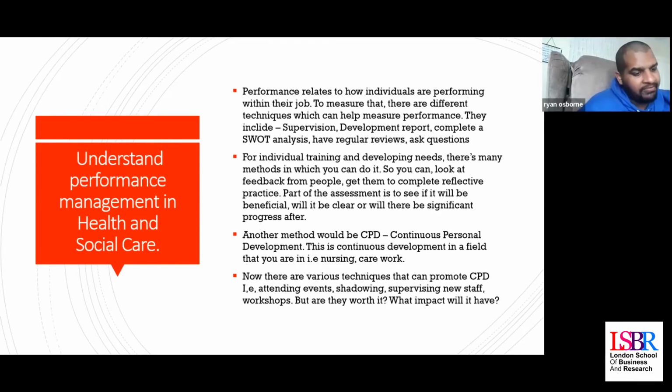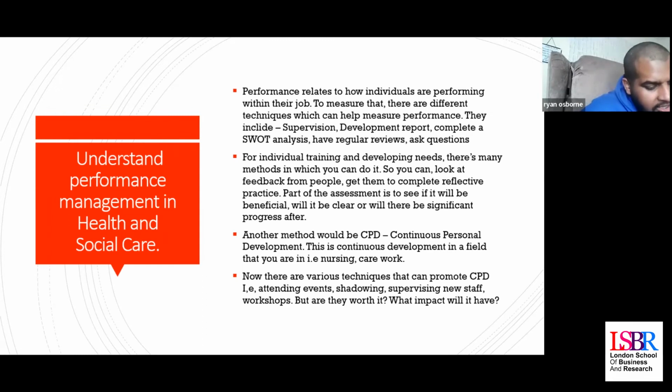In the previous slide, we talked about training and career development as well. We looked at the types of development there are, why development is important for individuals, how you can help them develop, and why they would need some form of development.